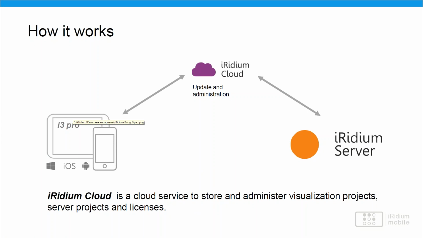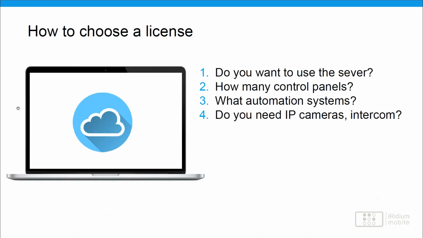From Iridium Cloud you are able to upload visualization projects, configuration of Iridium server, and licenses for these devices. When the project and license are uploaded, you can disconnect from the internet and Iridium will work without any internet access, on a local web network. There are no limits in this.